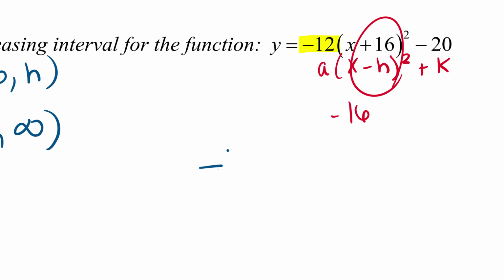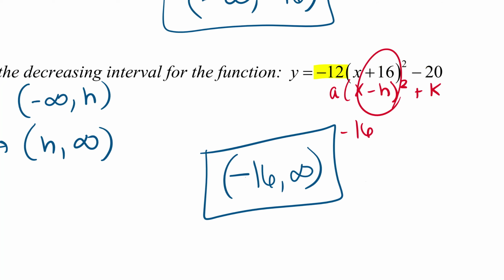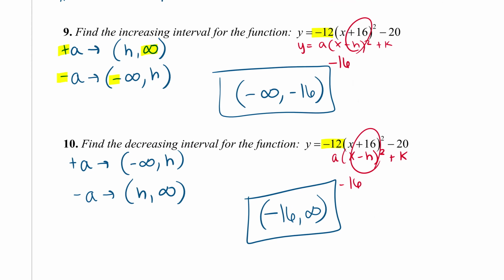So negative 16, infinity, and that's my answer. So those two are fairly simple, and they should not match. They should be just the opposite, right? Because you have to have a negative infinity, and you have to have a positive on one or the other. You can't have both negative or both positive.